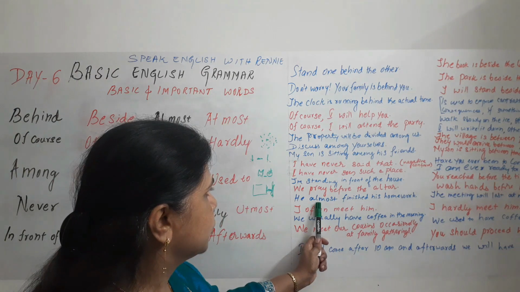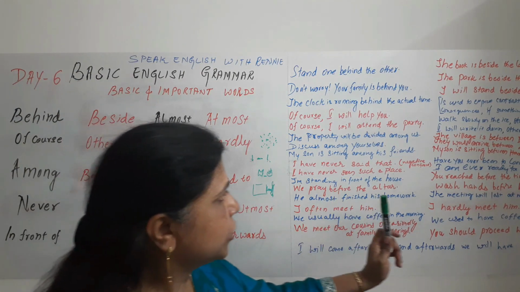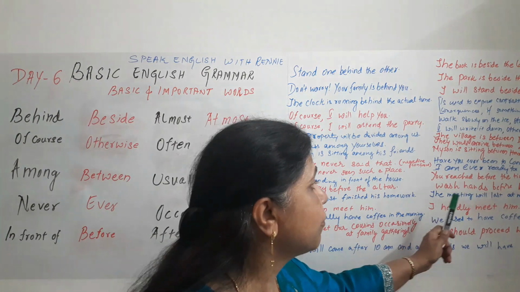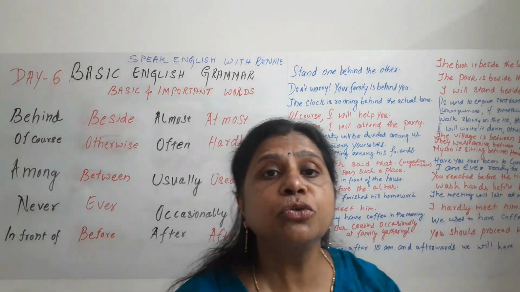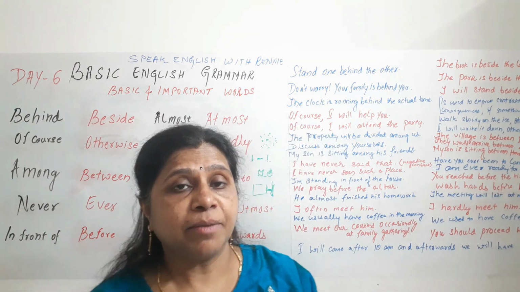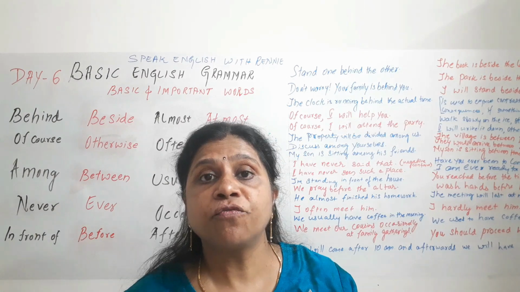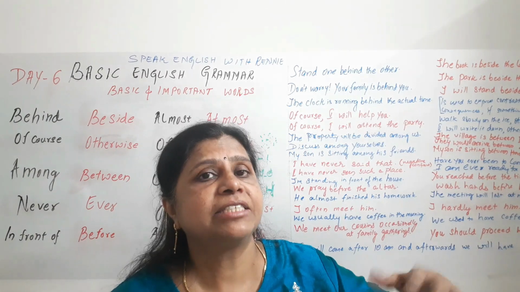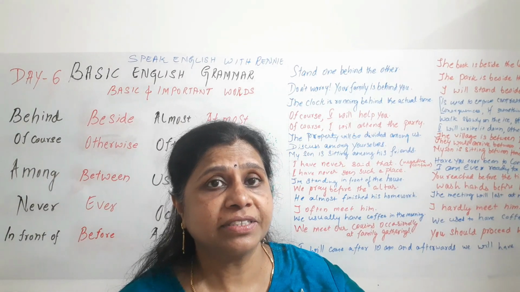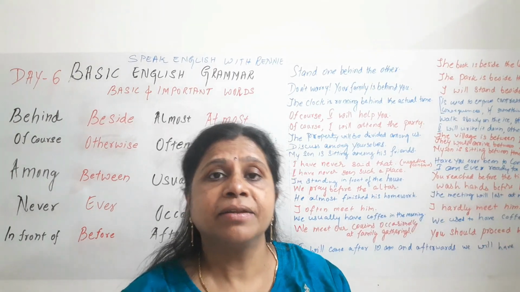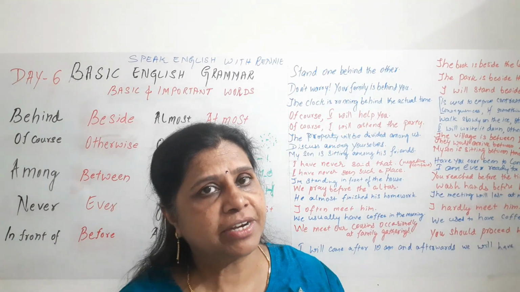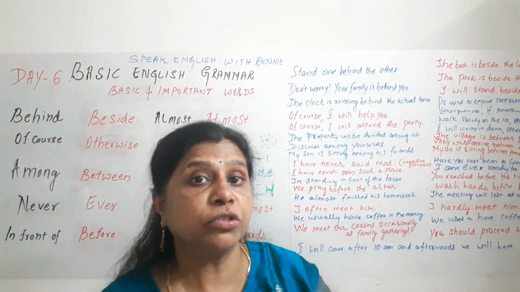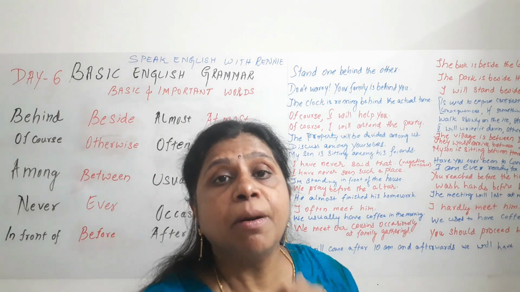So, almost. Coming to at most, the meeting will last at most 2 hours. That means there is a period of 2 hours, and that's the maximum limit. It will end within that, before that only it will finish, whereas at most is the maximum limit.